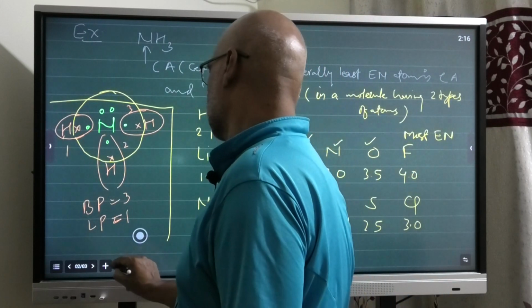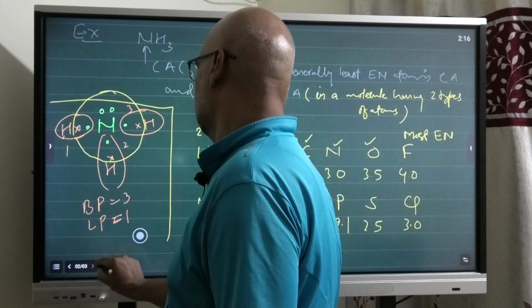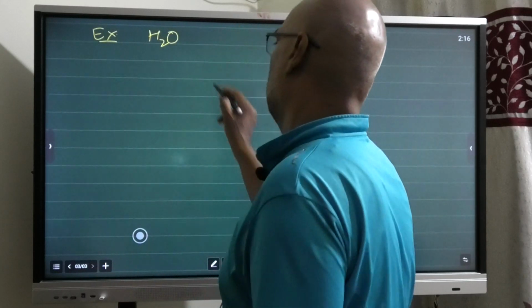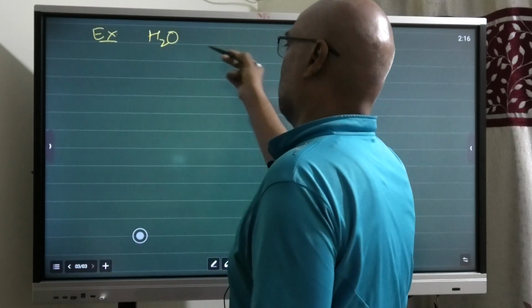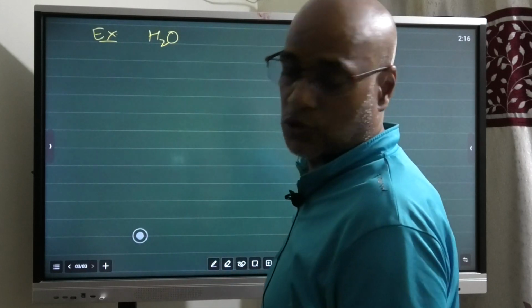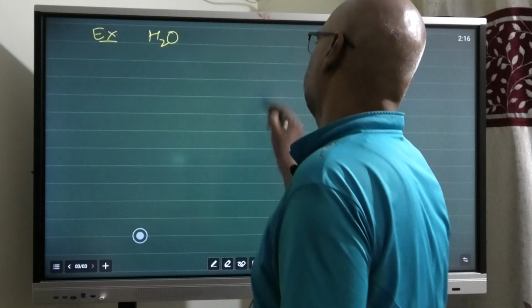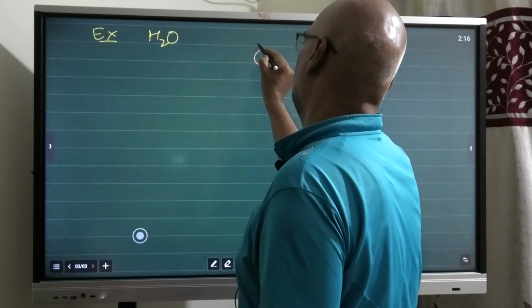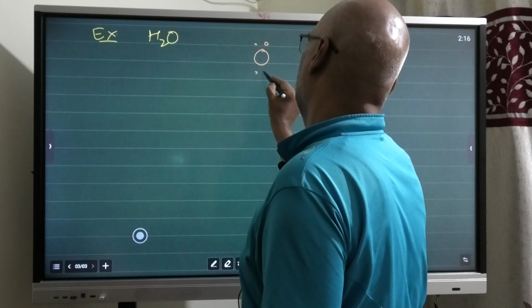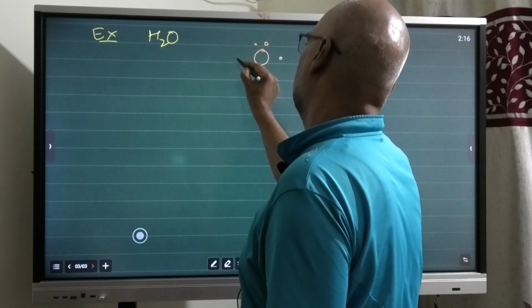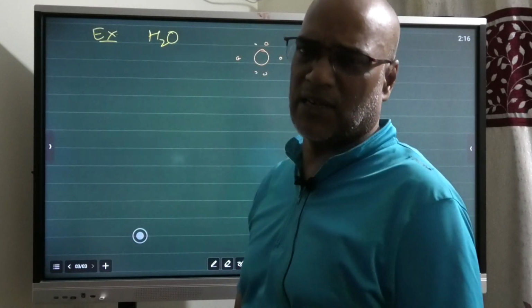I will take one more example, H2O, okay. So here same, hydrogen cannot be the central atom, so there is no other choice. Oxygen must be the central atom. So oxygen is basically central atom, 1, 2, 3, 4, 5 and 6. Now you can see my smart working, right?